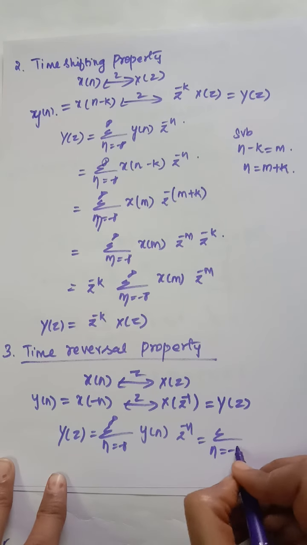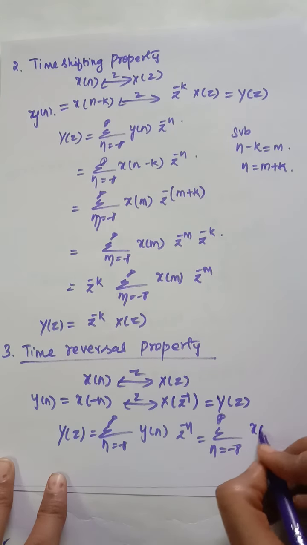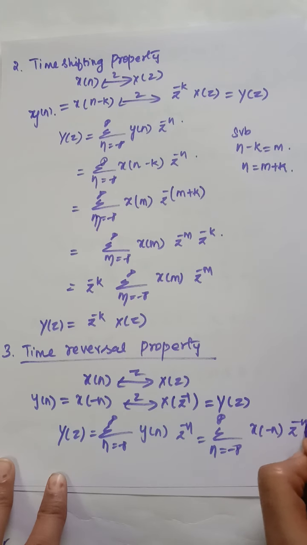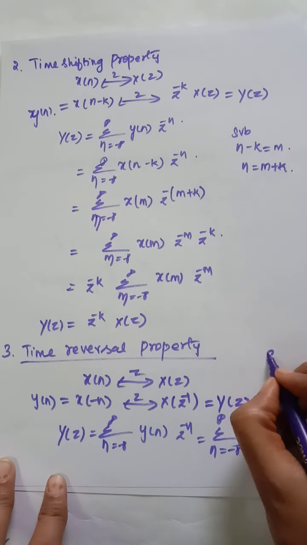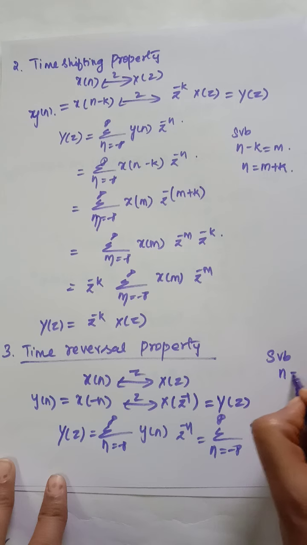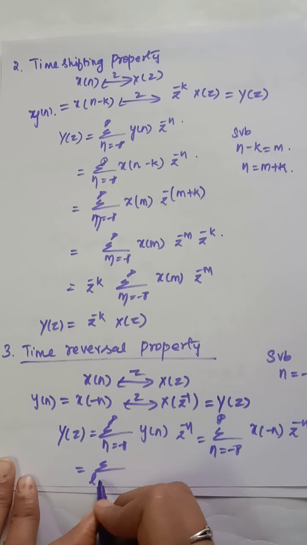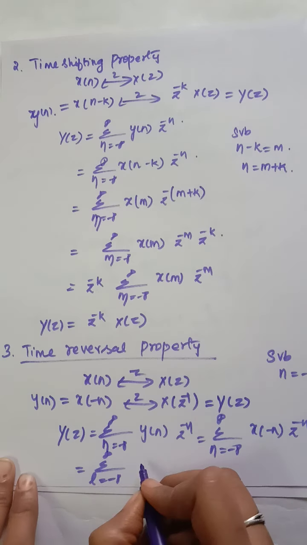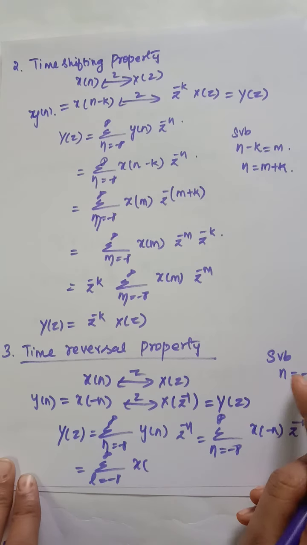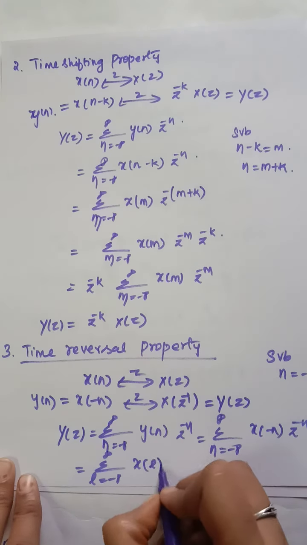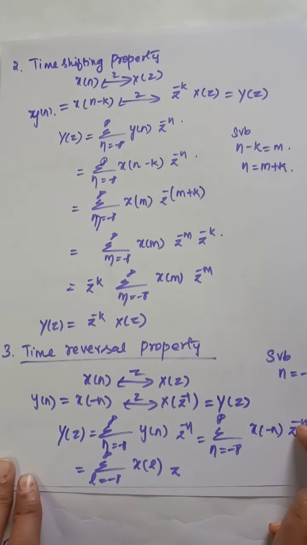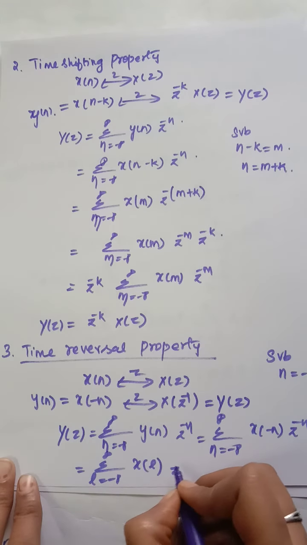Substituting the y of n value, which is x of minus n, z power minus n. Now we are going to use the substitution method, that is n is equal to minus l. So the summation will change with l from minus infinity to infinity. This will become x of l and z power l.